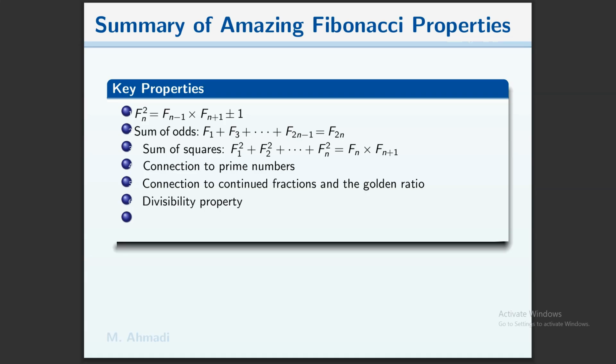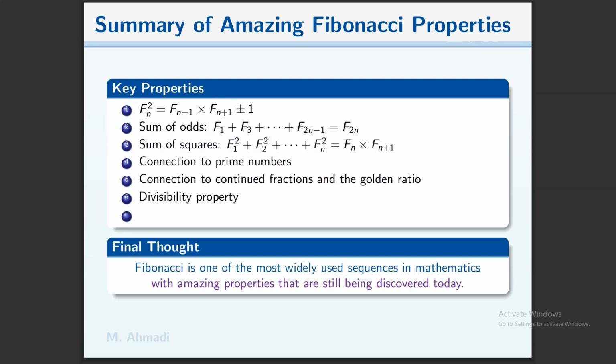And the sum of squares, F1 squared plus F2 squared plus, up to Fn squared, equals Fn times Fn plus 1. And it also has connections with prime numbers, with continued fractions, and also the divisibility property of the Fibonacci sequence.